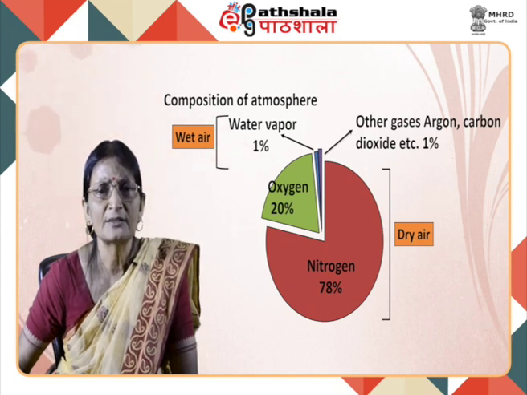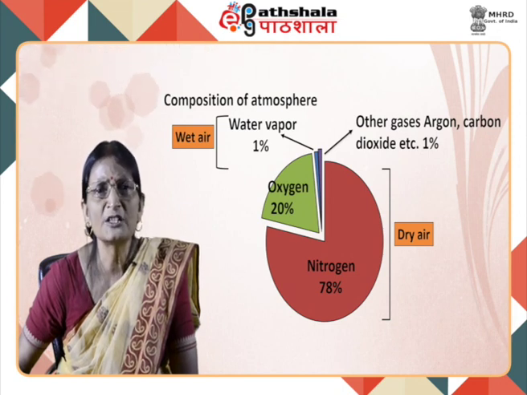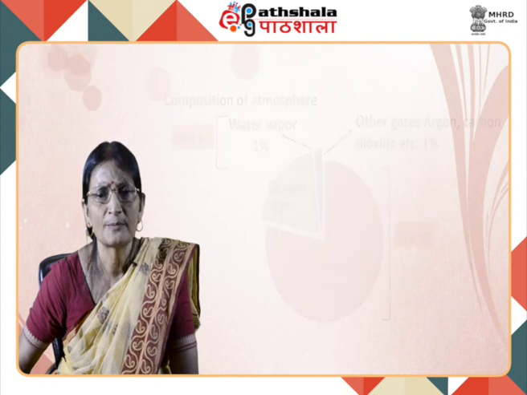We are talking so far about dry air. There could also be wet air in which there is water vapor. Water vapor, of course, is not present in the same amount all over the globe, and it varies from 0 to 2%. So an average of 2% we can say is the composition of water vapor in the atmosphere.